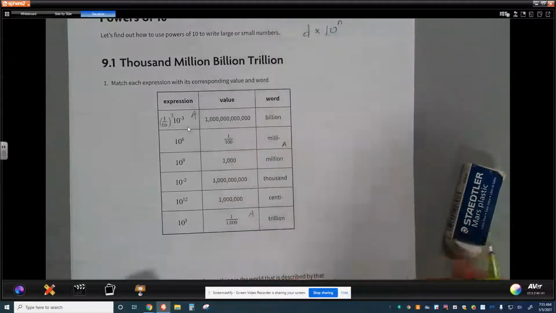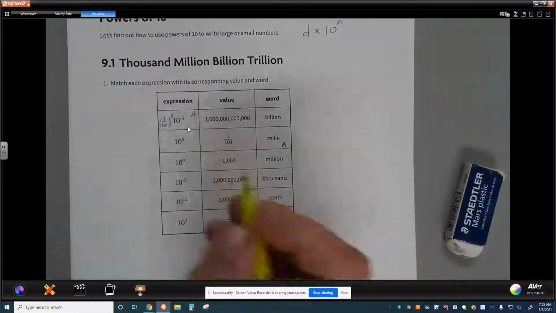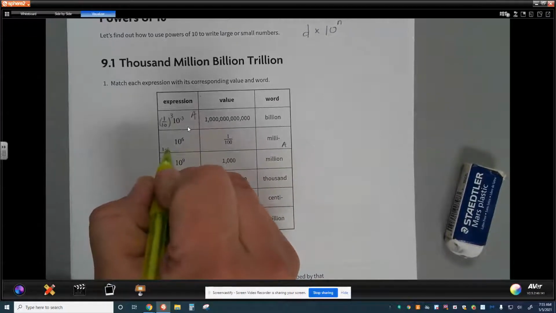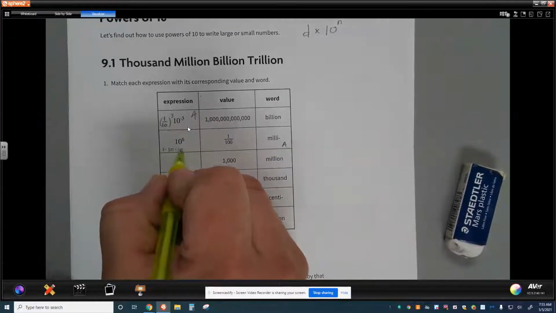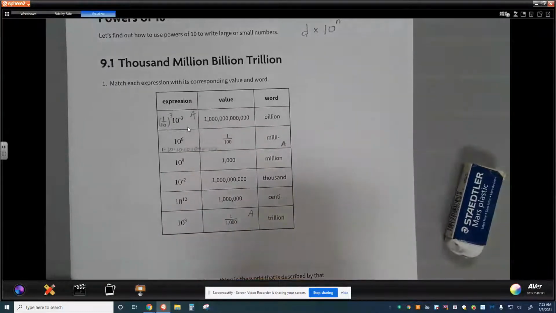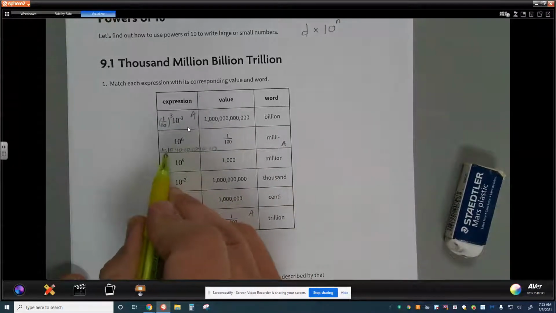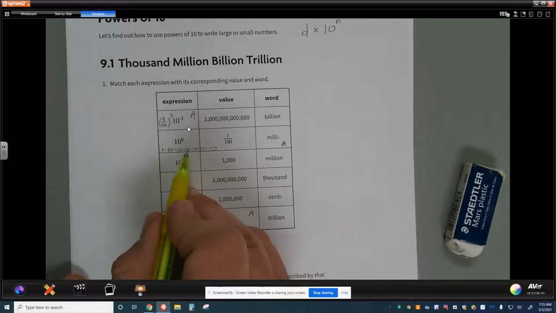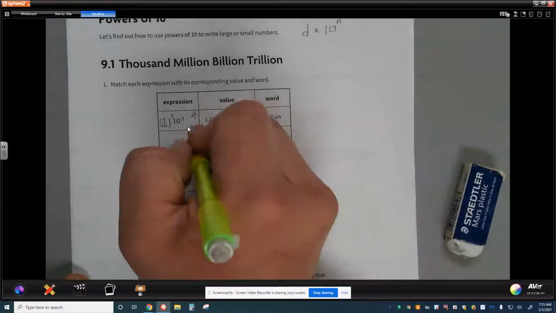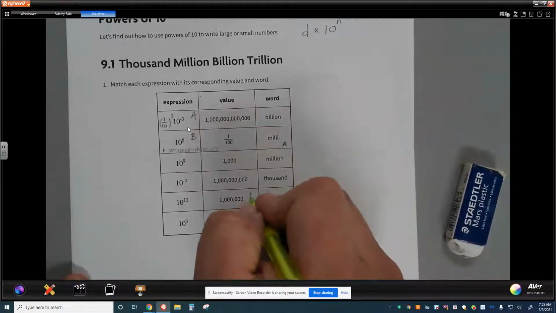So there's A. 10 to the 6th power, we can go ahead and write that out if you want to, but that would be 1 times 10, 6 times. We can understand that 1 times 10 would be 10, 100, 1,000, 10,000, 100,000, 1 million. So if this is item B, we find 1 million.